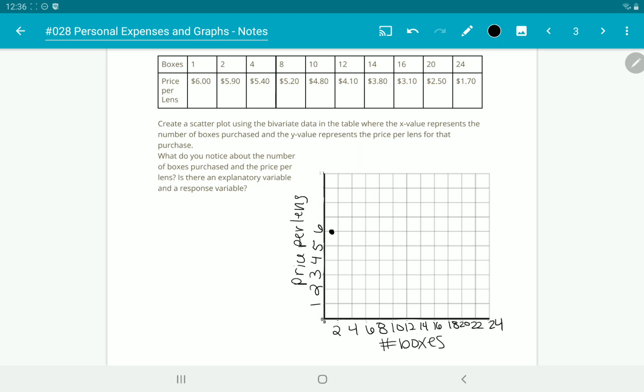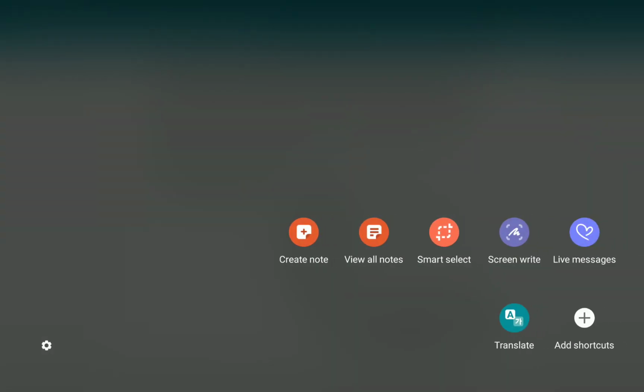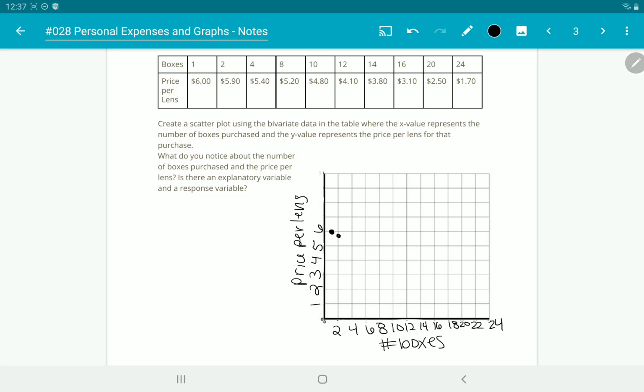Okay, 2 boxes is $5.90. So 2 is going to be almost 6, but not quite. 4 boxes is $5.40. So I'm about halfway almost there. 8 boxes is $5.20, so just a little over $5. 10 boxes is $4.80. 12 boxes is $4.10, so just a little over $4. 14 boxes is $3.80.